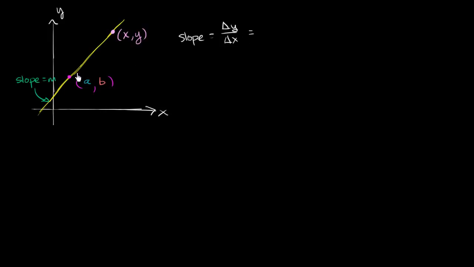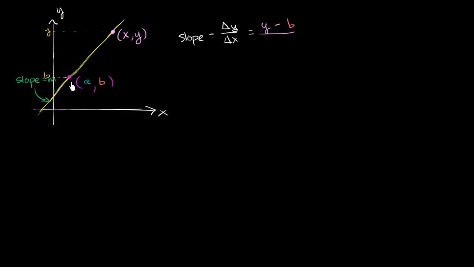Our change in y, if we start at y equals b and end up at this arbitrary y, is going to be y minus b. So this is going to be y minus my little orange b. And that's going to be over our change in x.